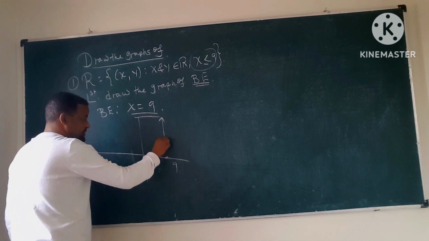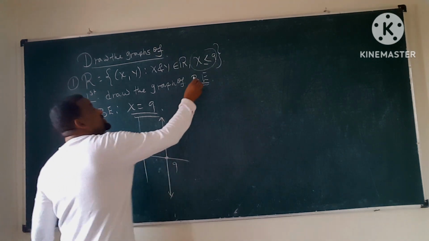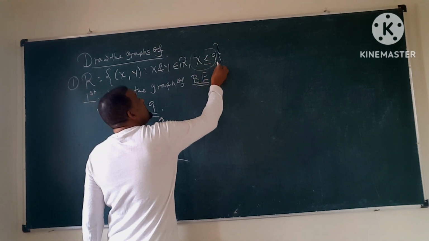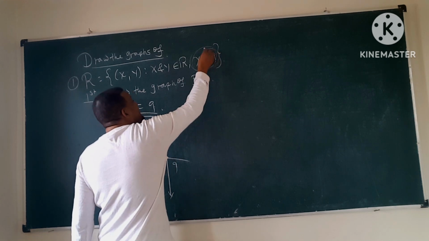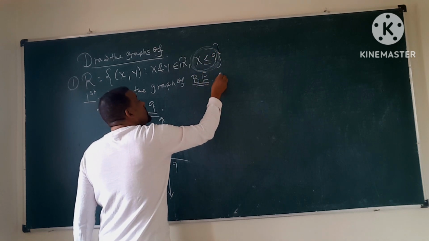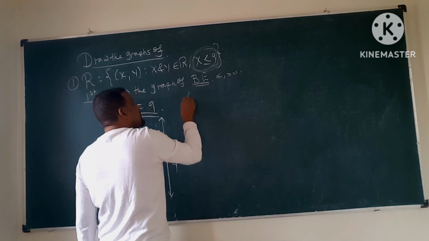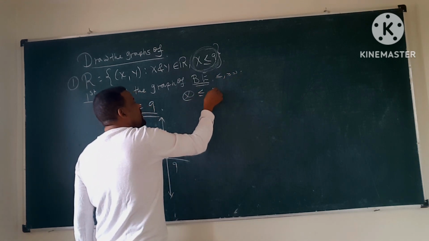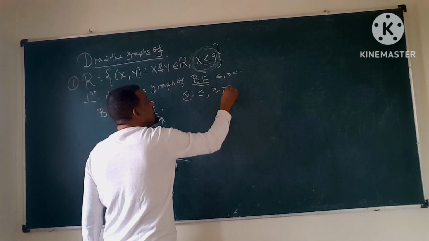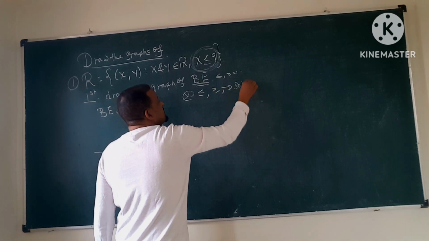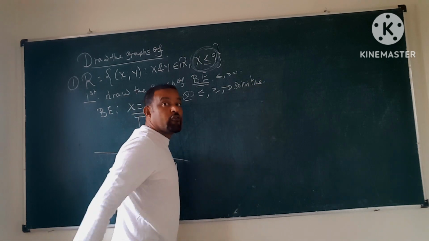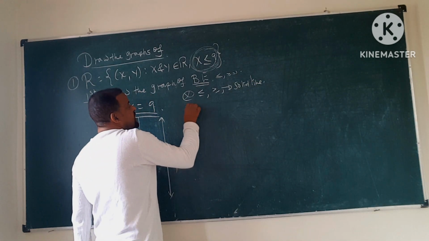አሁን ልብ በሉ እዚህ ጋር ኢኳሊቲ አለ. እዚህ ኢንኢኳሊቲ ውስጥ ኢኳሊቲ, less or equal, greater or equal ከሆነ solid line. Okay, this less or equal, greater or equal ከሆነ we use solid line for the boundary equation ማለት ነው.